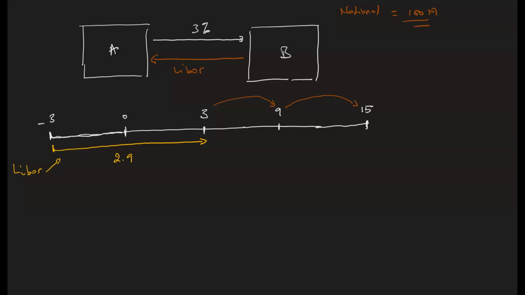So we're going to place a couple of unknowns here. The LIBOR that is going to apply to this period is unknown, and the LIBOR rate that's going to apply to that last period here is also unknown.